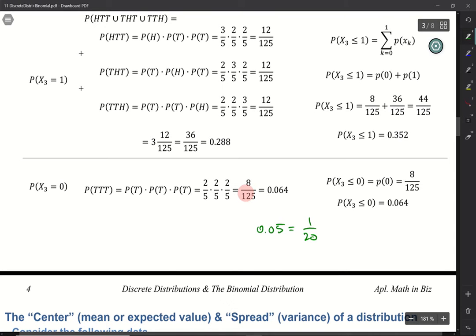So this is almost like 1 in 20. Like if you take 3 tosses of a coin, and you do that 20 times, so overall that's 60 tosses total, but if you consider this experiment where you're only tossing 3 coins, 1 out of 20 of those times would you really get tails, tails, tails. Okay, it's kind of unlikely.